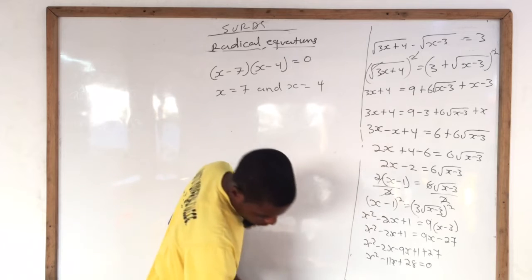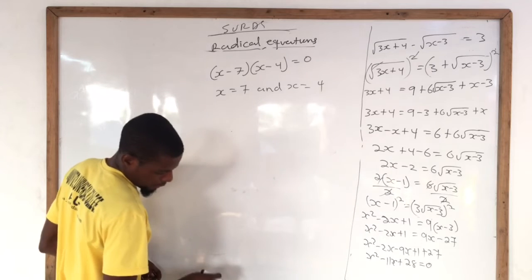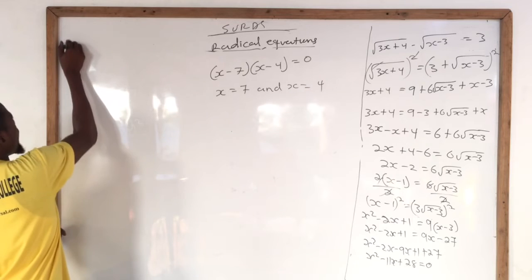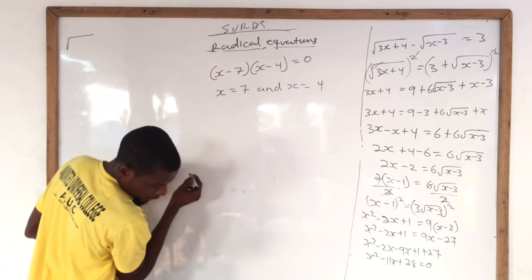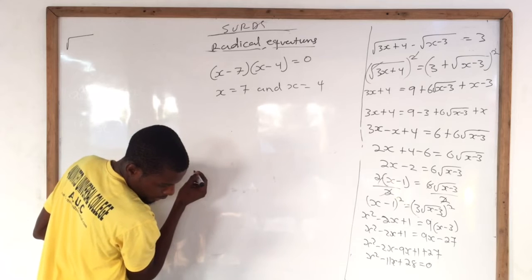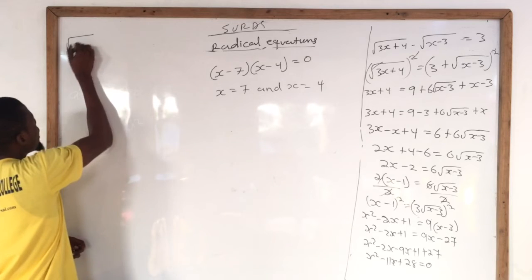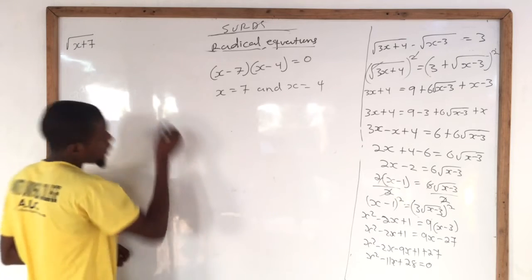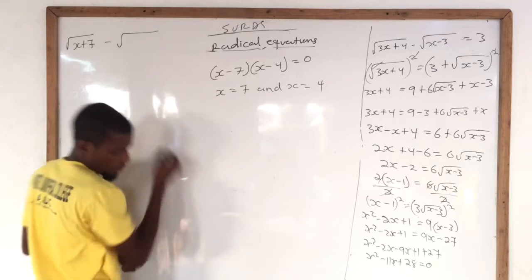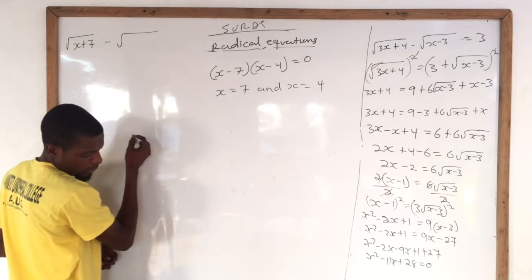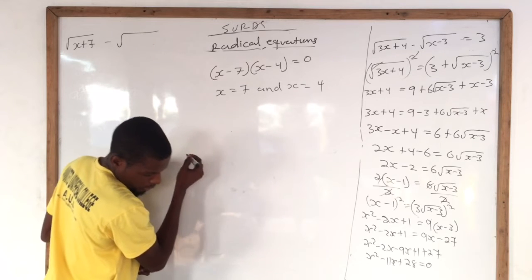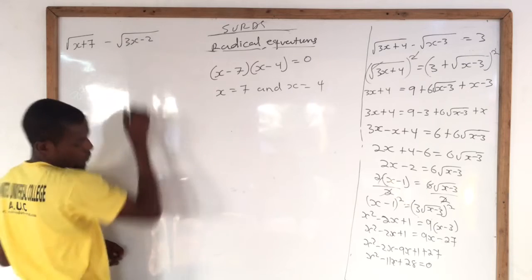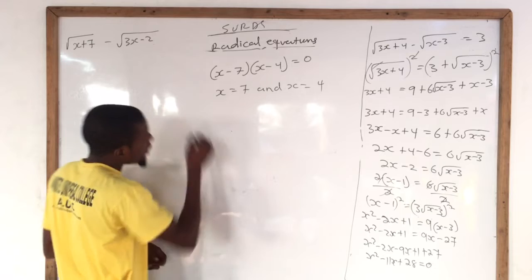Let's take this particular question. I have root of x plus 7 minus root of 3x minus 2 equals 1.